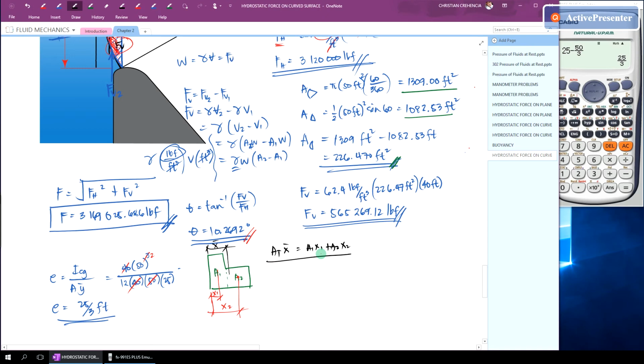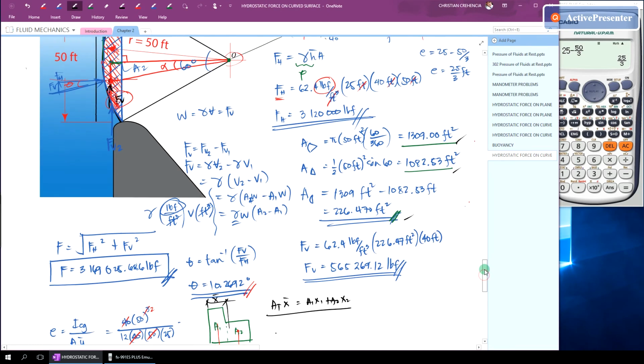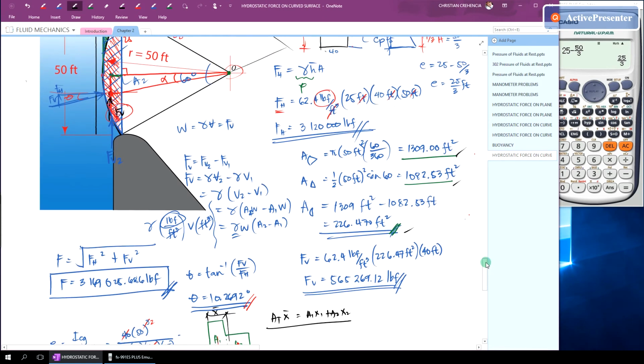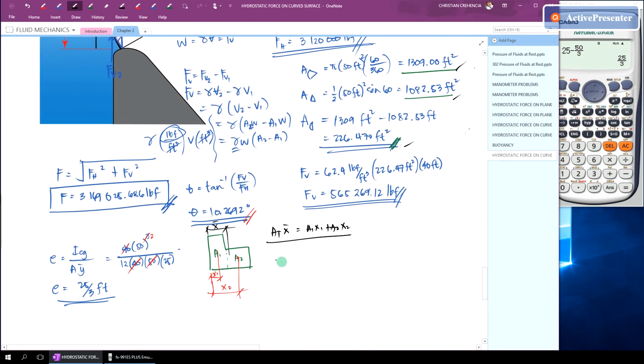So the whole area is the area of the sector, which is equal to... by the way, for the area, let's get the distances first. So the centroid of the sector, the distance of the centroid of the sector from point O, we have a formula for that. Let's call this distance x of the sector.